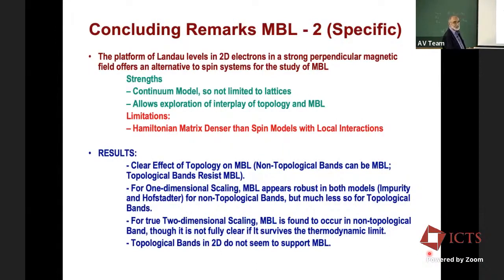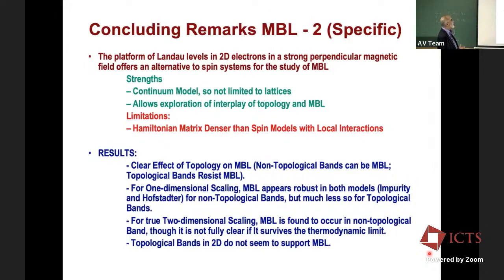So if you had a computer with 1 million times the power of the computer that we have today, it's quite possible that the quantum Hall problem will win at large distances, because you can do arbitrary sizes in 2D, which you can't do with spin models.